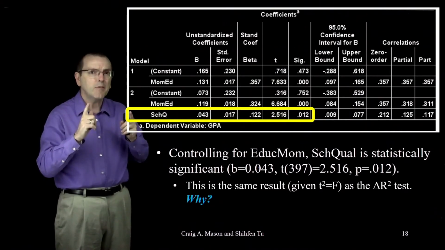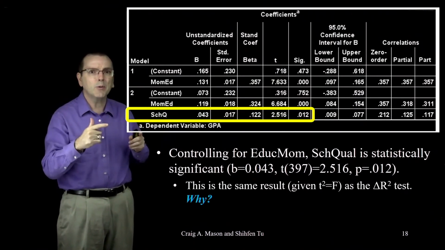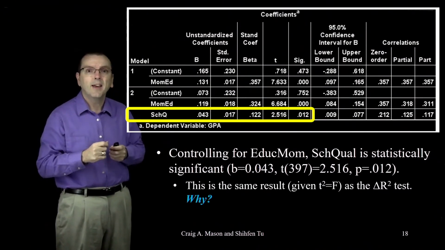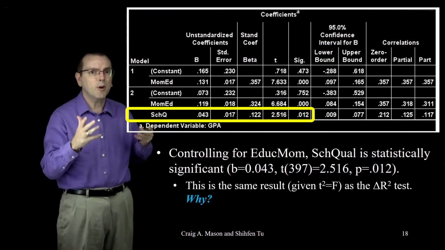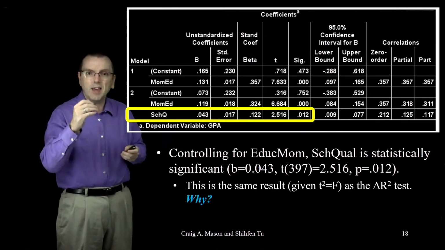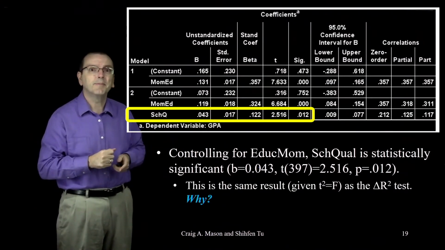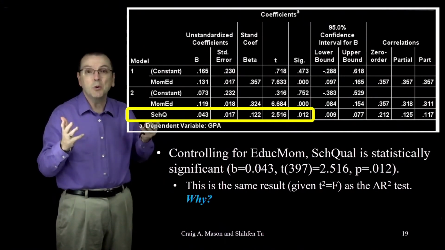Because remember, if you square a t-score, you get the F value that you would have obtained if you'd used an F-test instead. And squaring 2.516 gives us 6.331, the F-score from the change in R-squared test. Given that, it should be no surprise that it's also the same p-value.